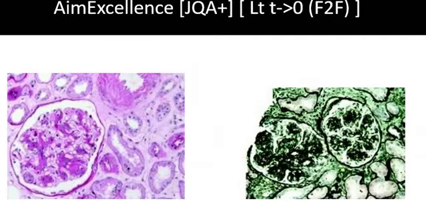Now the next picture that you are seeing is the most specific and virtually pathognomonic, and this is the KW lesion. It is virtually pathognomonic but not pathognomonic.